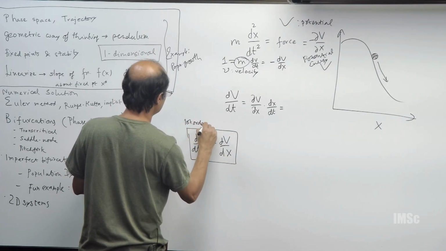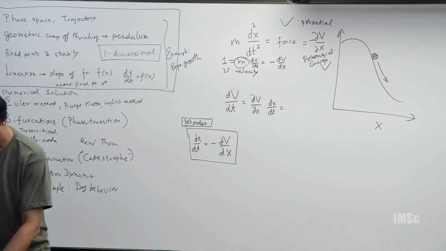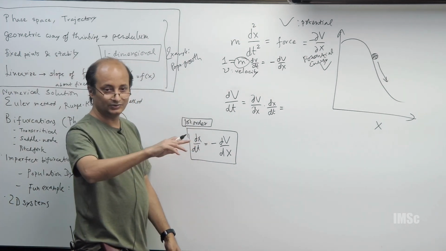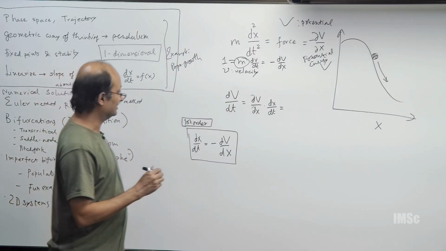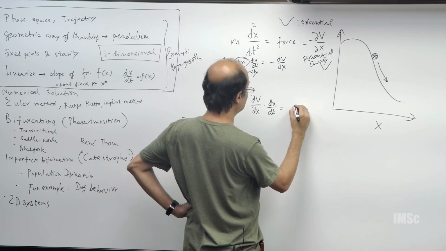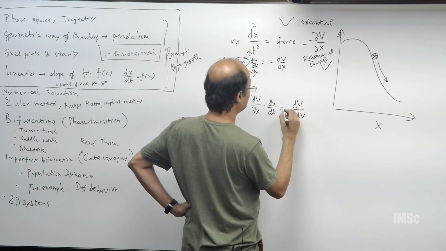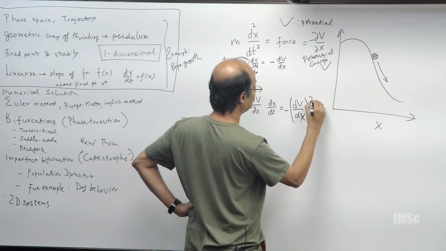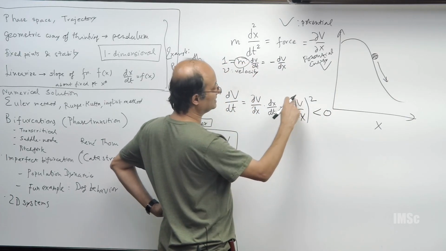So you assume that there is an enormous amount of damping and so on, so that you can reduce it to a first order system. And so this now becomes minus dV dx whole square.